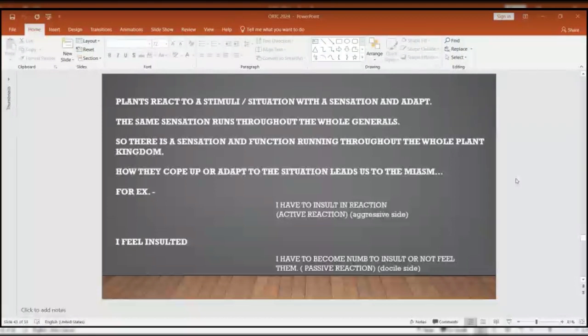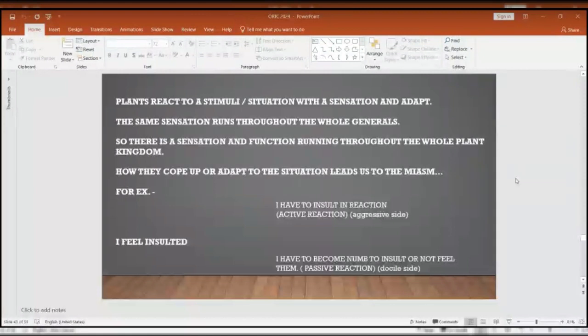How is the person, whether it is an active reaction or a passive reaction. So if it is an active reaction, for example, to the feeling of being insulted, whether you are reacting in the same way, insulting in the same way, that is the active reaction or the aggressive side.